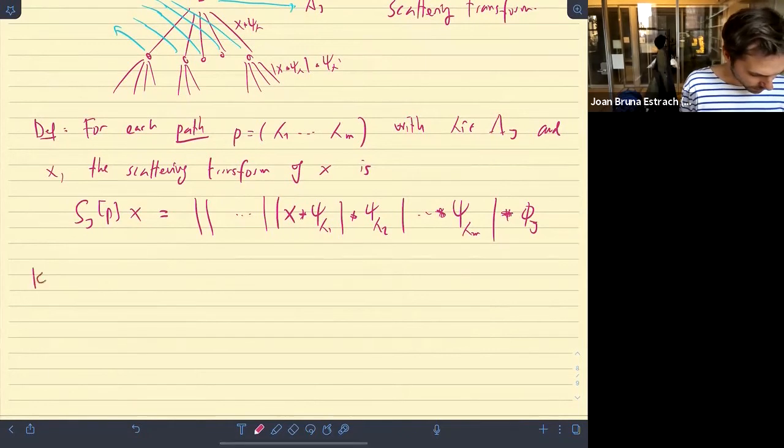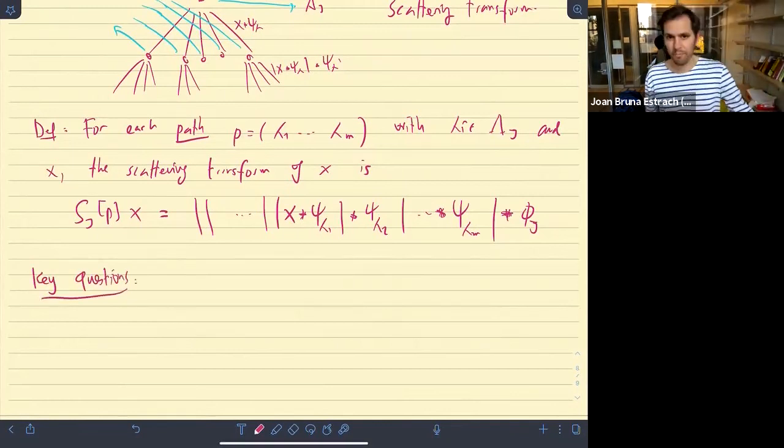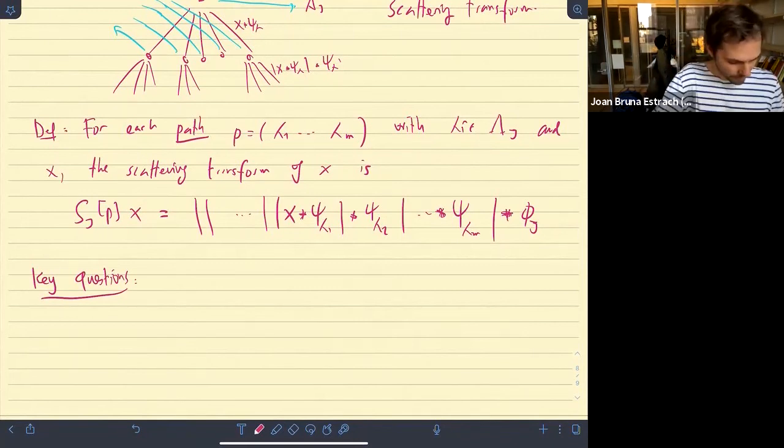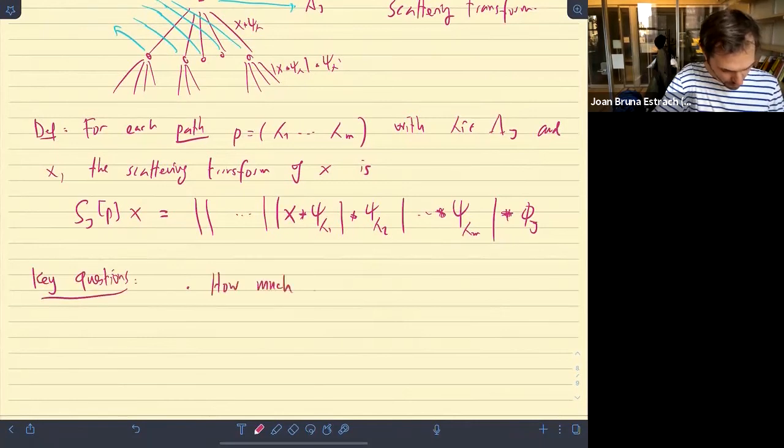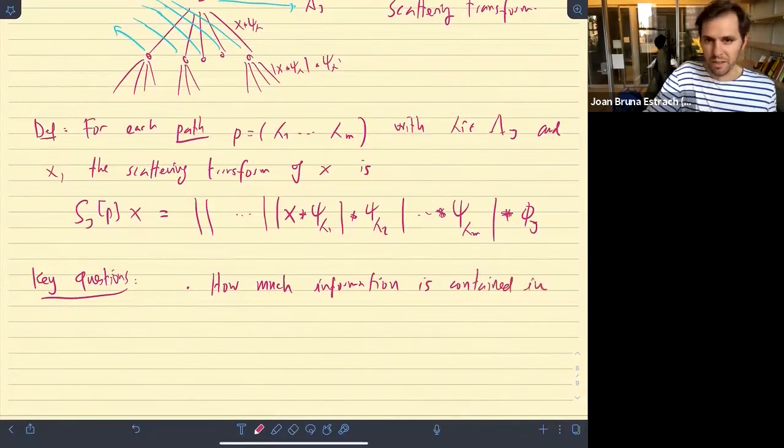So what are some of the key questions that evolve around the scattering transform? For example, how much information is contained in scattering coefficients? I mean, this is not very precise. What does it mean, how much information?